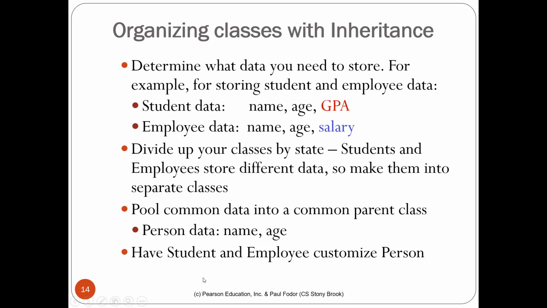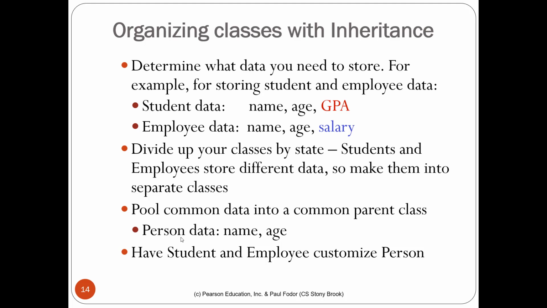So what should we do when we find significant common data fields? You need to pool common data into a common parent class, like person. Okay, so for person, first of all, we should also look for the name such that it is more meaningful. It should look like a general class.